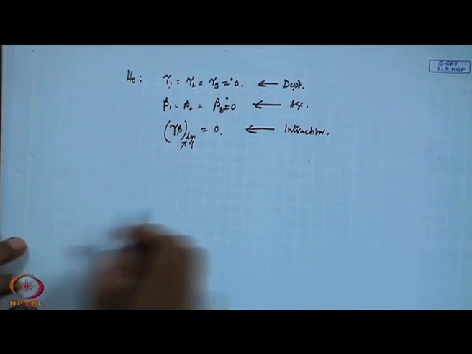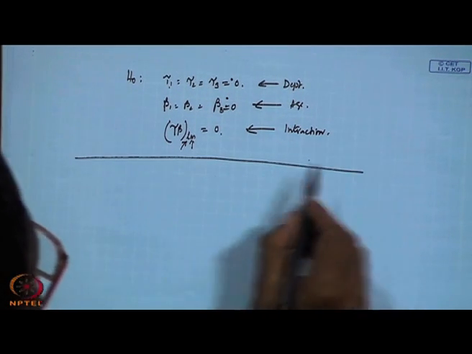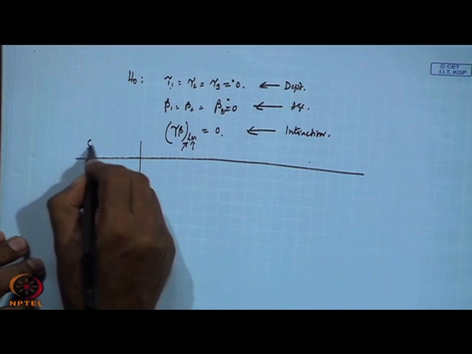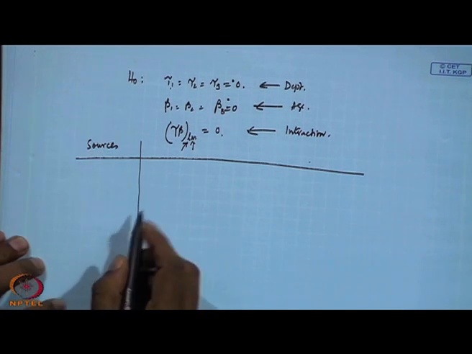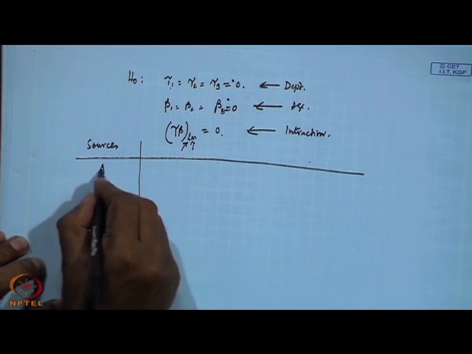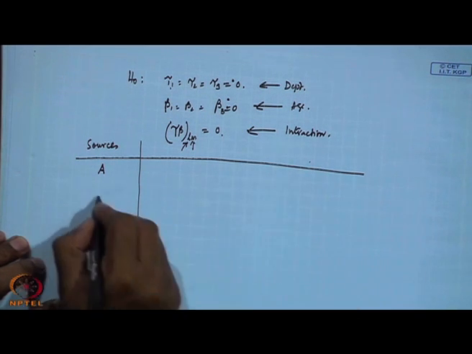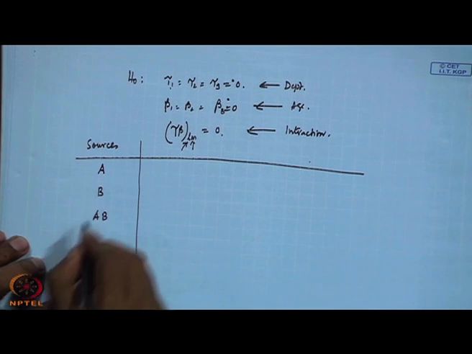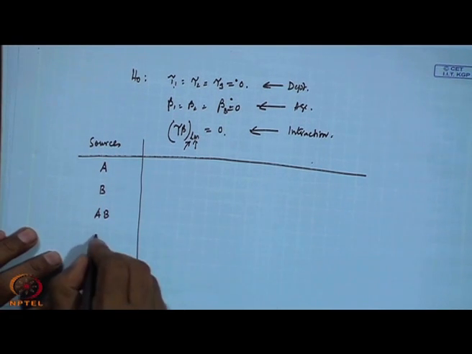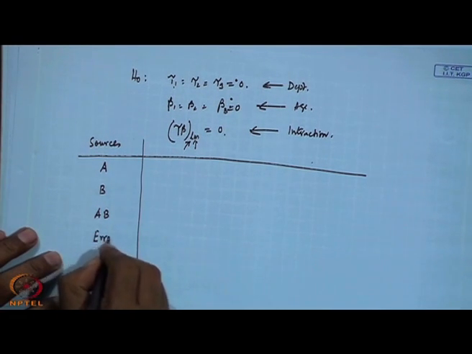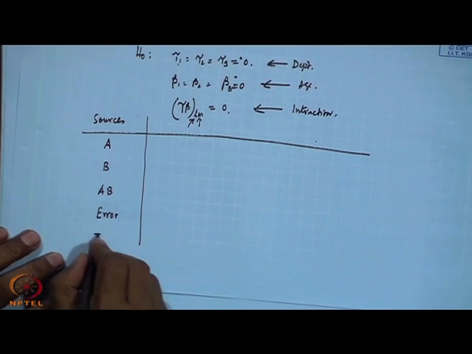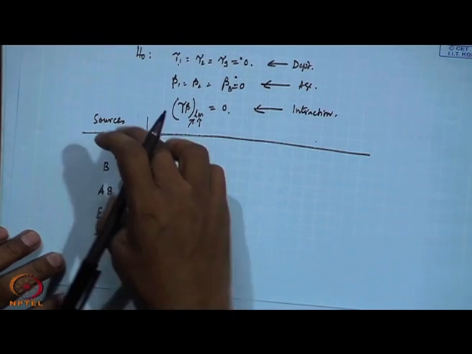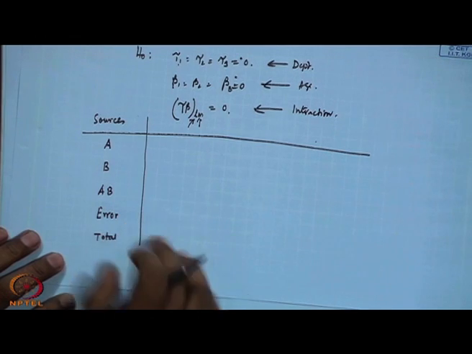If this is the case, then what are the sources of variation? First one is department, which is A, second one is age, which is B, third one is interaction, which is AB, fourth one is error, fifth one is the total, the sum of these four.